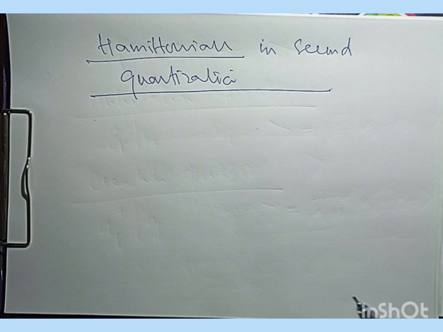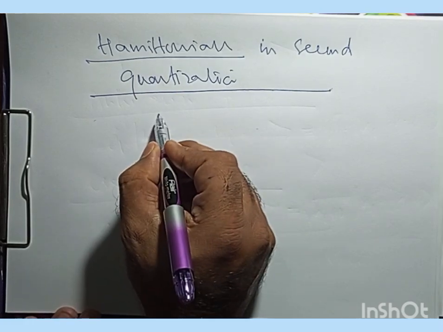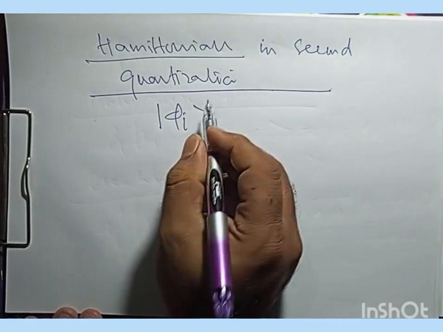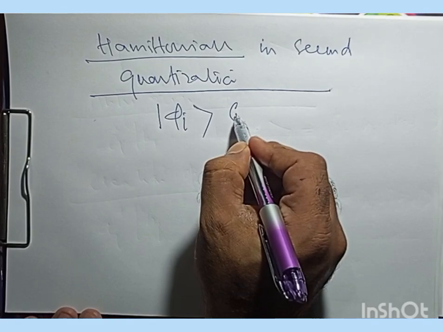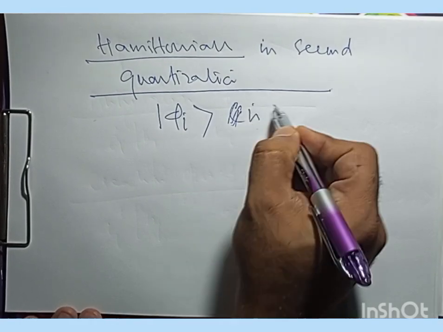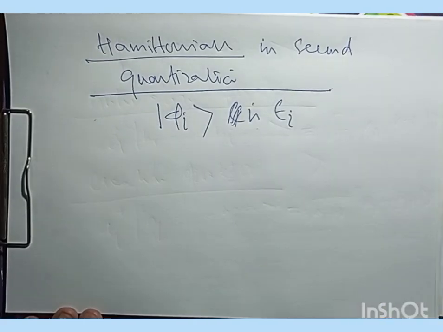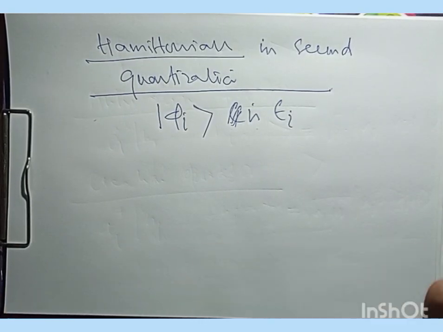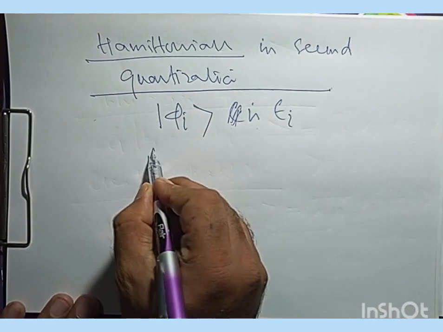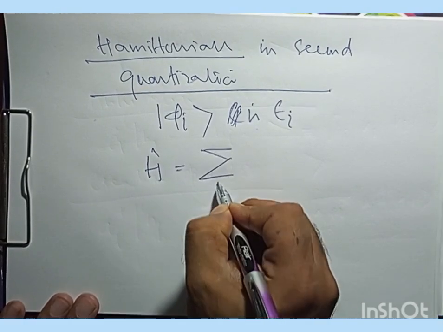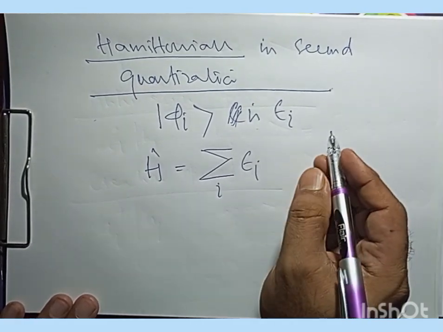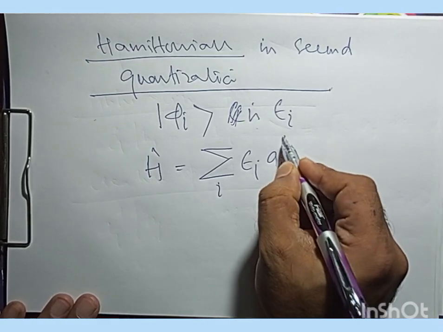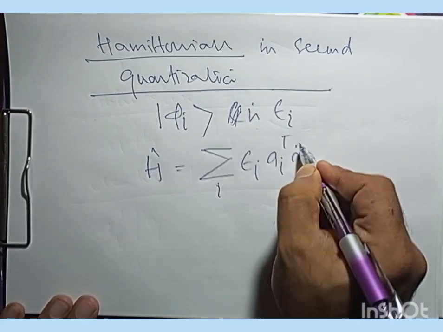Suppose we have a single particle energy of state phi i, which is epsilon i. Then, suppose there is no interaction between these particles, the Hamiltonian for the non-interacting Bose gas can be written as H cap equals sigma i epsilon i a_i dagger a_i.